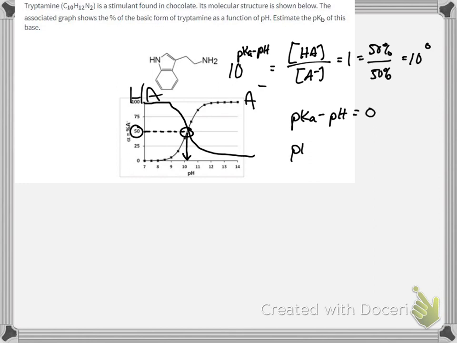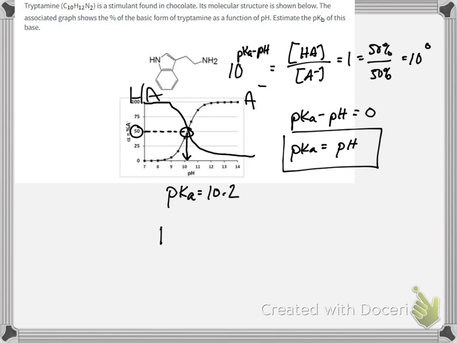So the claim is that when we're at the 50-50 mark, pH equals pKa. It's a really important result. It's going to help us pick buffers. This is the buffer zone. When we look at a graph like this, all we have to do is search for the 50-50 mark, drop a line down. If it's pH, we know exactly what pKa is. So pKa here is about 10.2.